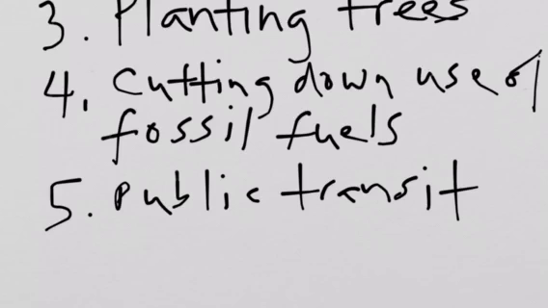But taking things like public transit, like the commuter trains or the metro or the bus, and leaving your car at home, or better yet, taking your bicycle, okay? Getting somewhere by bike or by scooter or by walking. Okay, these are all ways that we can actually lower our CO2 emissions.